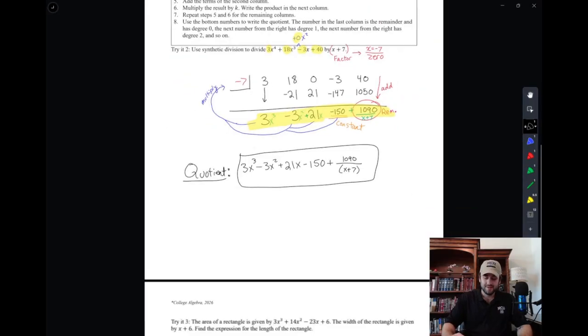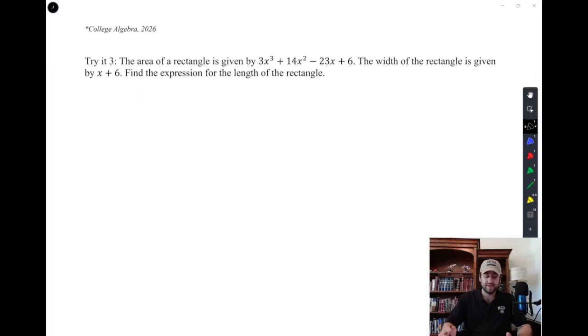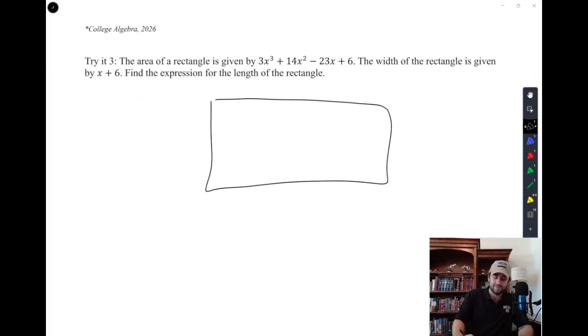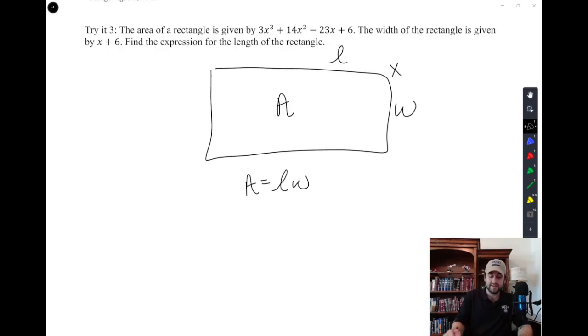All right. So we're going to use these two rules and pick which one works best to find the area of a rectangle. So if you remember the area of a rectangle, the formula is length times width. And they give us in the problem the area of a rectangle is 3x^3 plus 14x^2 minus 23x plus 6 equals, I'm going to put parentheses around it to be careful.